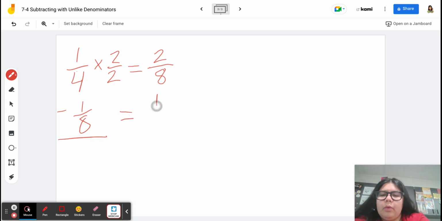So I'll just write that 1/8 is equal to 1/8. And again, I'm solving for the difference. So I'm finding 2 minus 1. I could also draw that out in a model. For this one, I know that 2 minus 1 will be 1. And I know from before it's going to be my same eighths. So my answer will be 1/8.